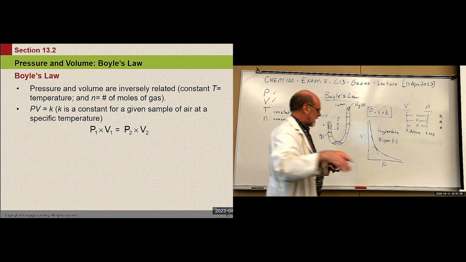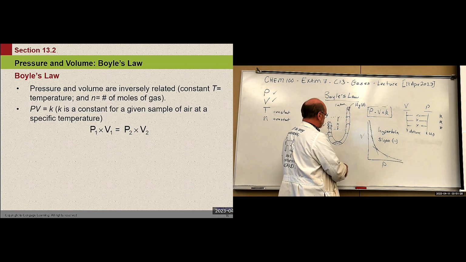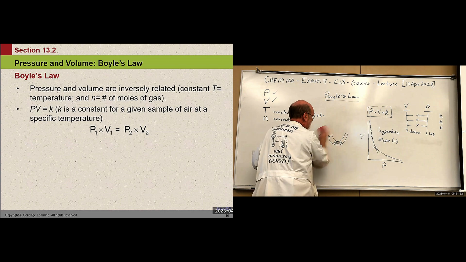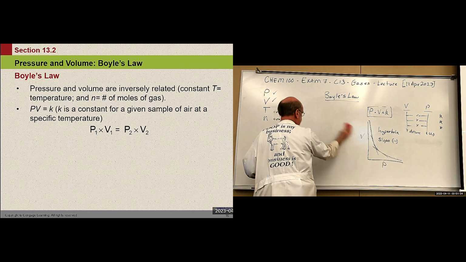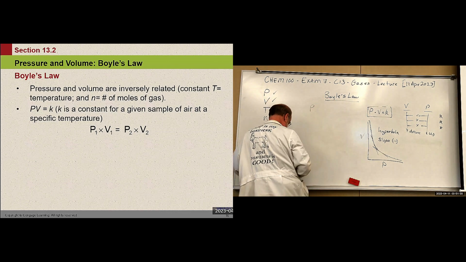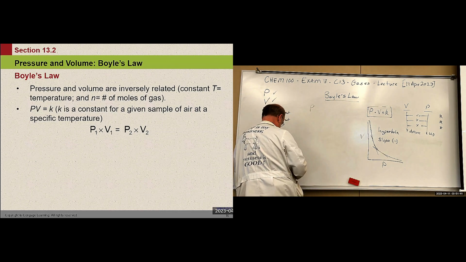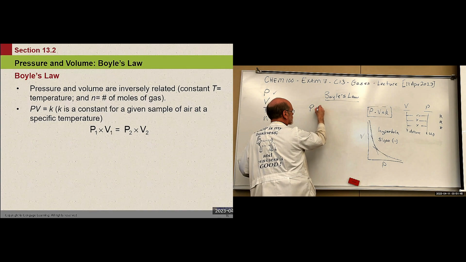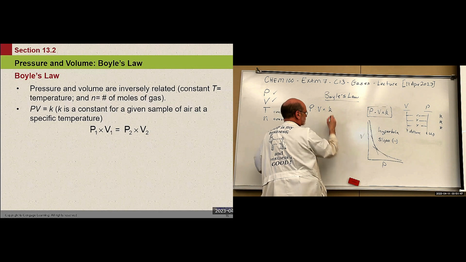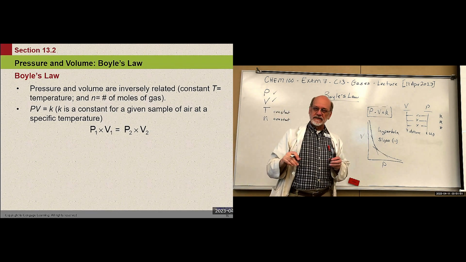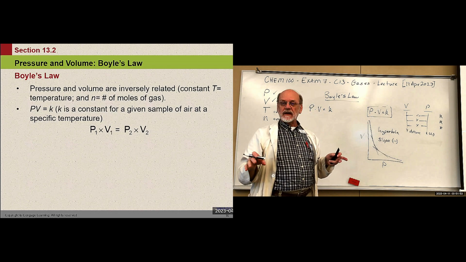Before we get to this, I want to show you how to make a straight line out of that. Pressure times volume equals a constant. So let's do a little math, a little algebra actually.